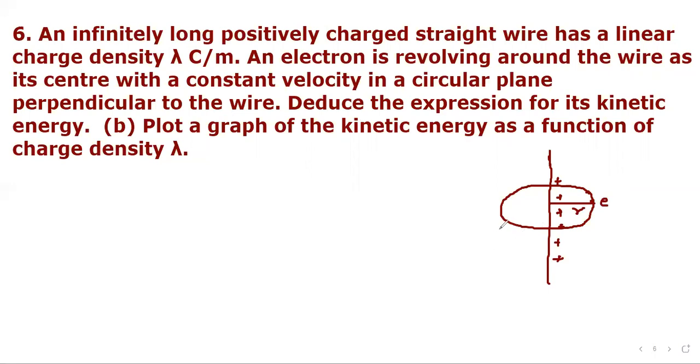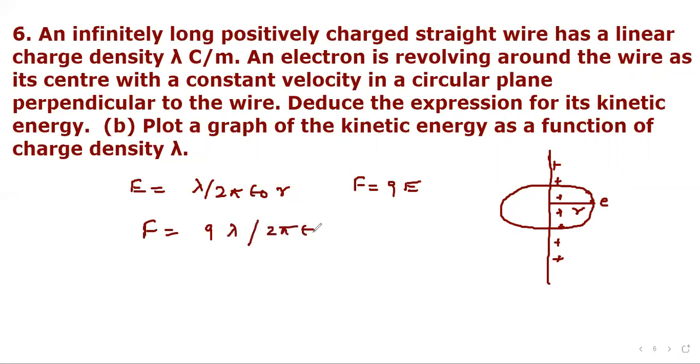Now, we know that the electric field due to an infinitely long charged wire, E, is given by lambda upon 2 pi epsilon naught r. Now, the force on the electron, F, will be qE. So F equals q times lambda divided by 2 pi epsilon naught r. This force will provide the centripetal force.